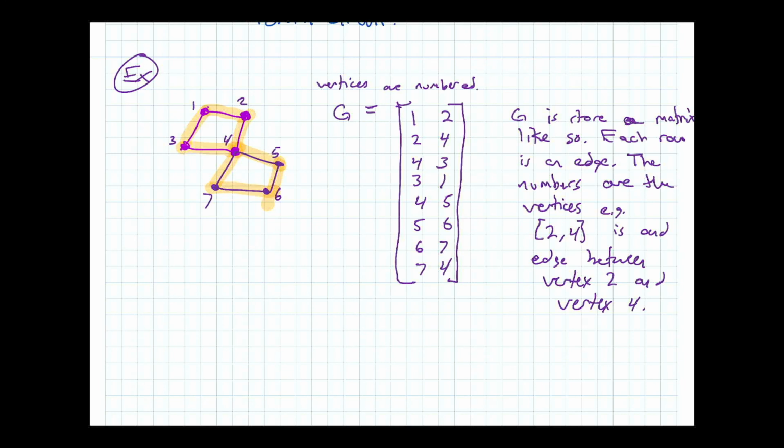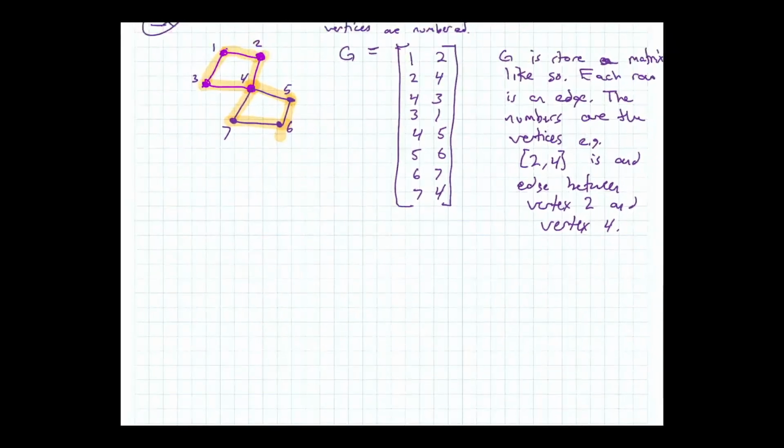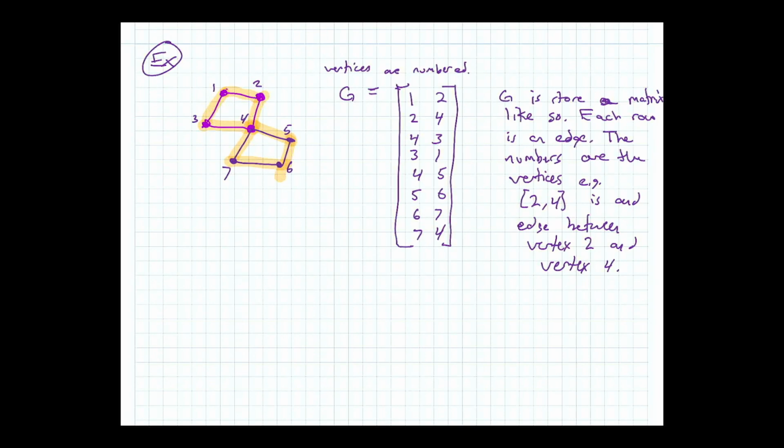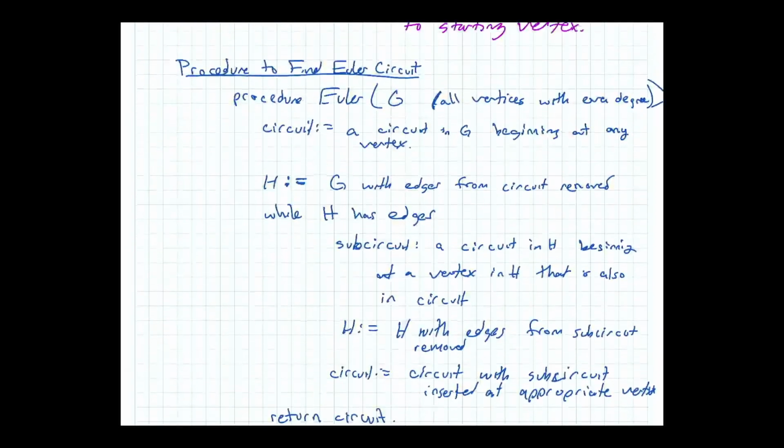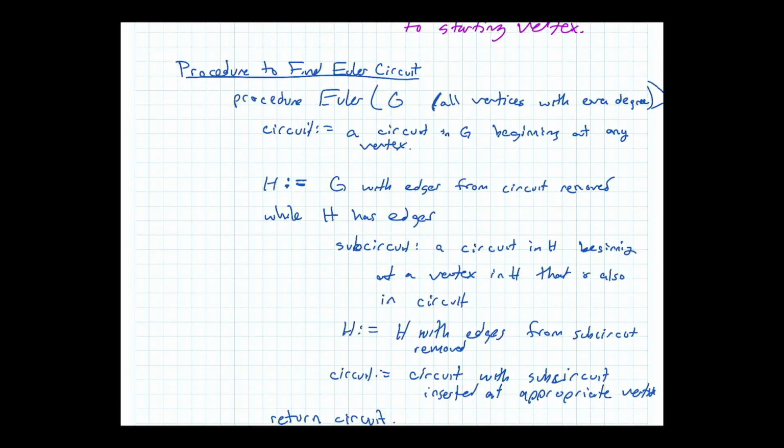Okay, now what are we supposed to be doing here? You have to look at what the first thing to do is. If you look at this code here, it says the first thing we have to do is find a circuit, any circuit.